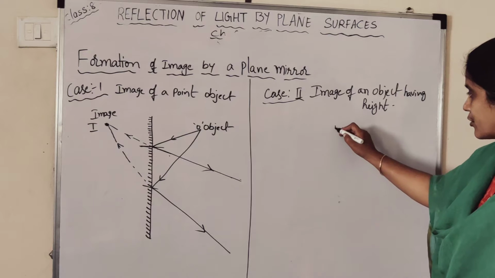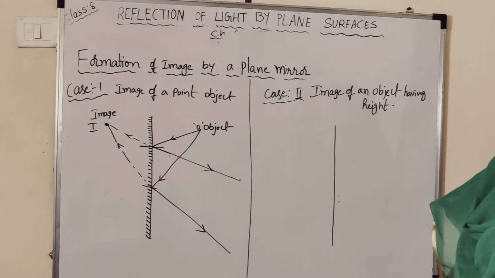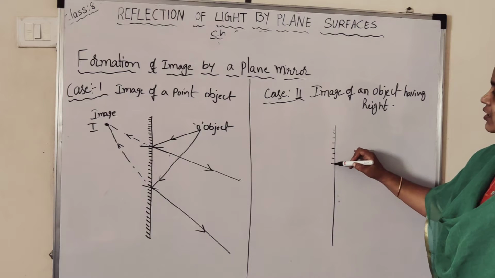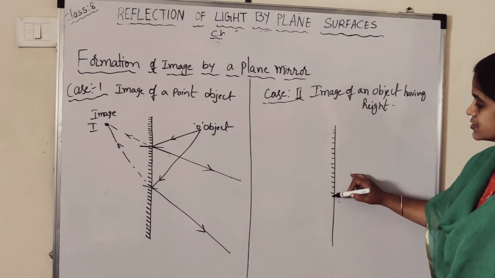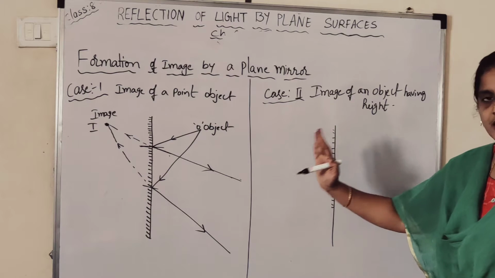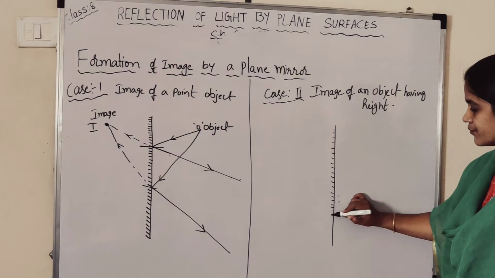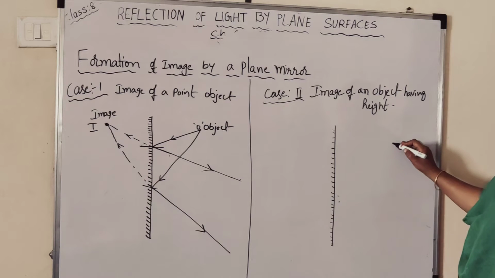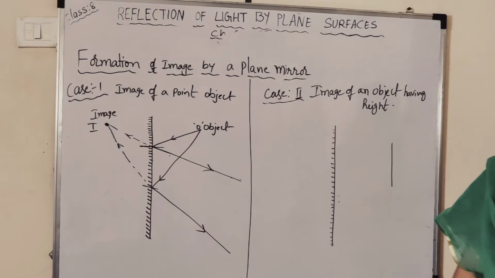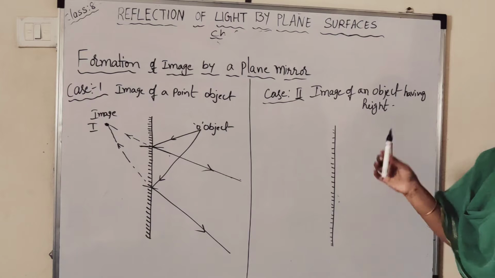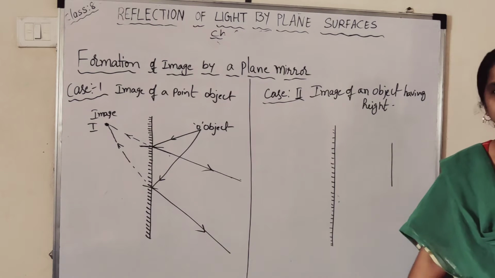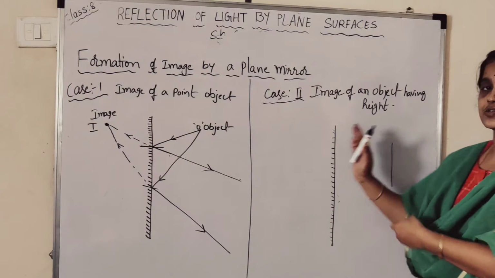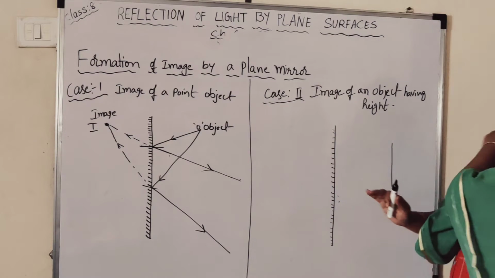So again you have to draw a plane mirror, and represent the reflecting surface. I said you can represent any side. Now suppose you place an object having certain height, suppose you place this pen in front of the mirror, then how do you get the image of this pen in the mirror?